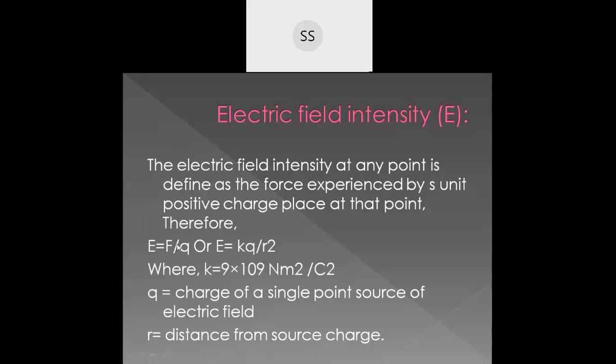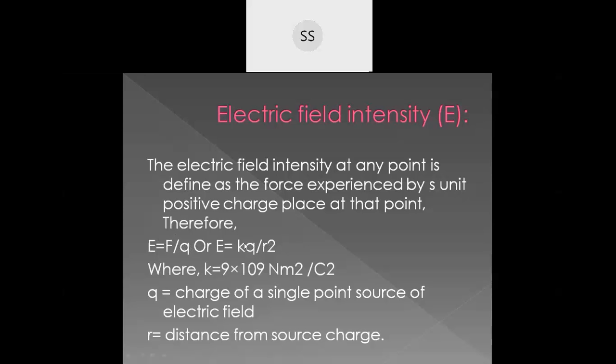So when we put the value of F in this equation, it will be K Q1 Q2 by R square divided by Q. Cancelling out the value of the test charge, the final equation is E equal to K Q by R square.